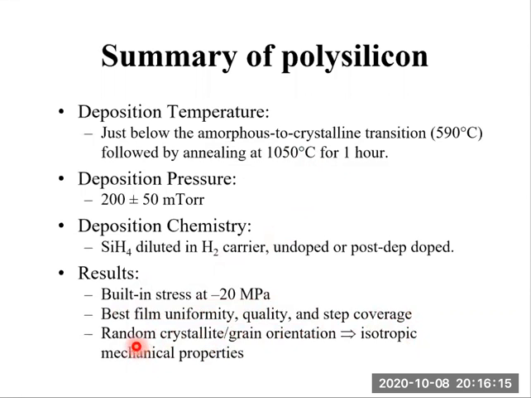It is worth noting that the grains of polysilicon are randomly oriented, by random crystallite or grain orientation. This leads to isotropic mechanical properties. So polysilicon has isotropic mechanical properties.